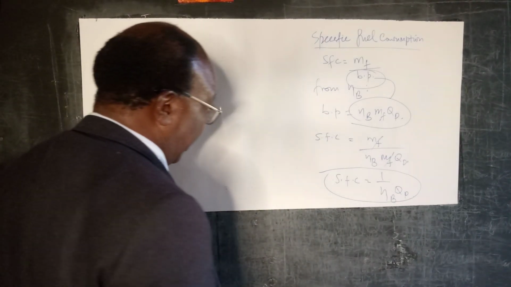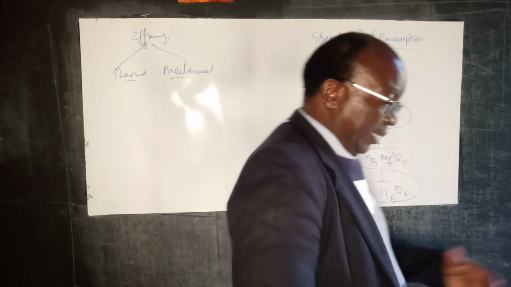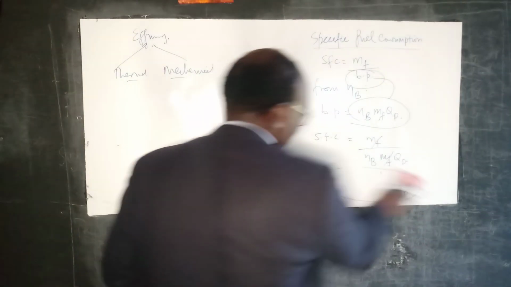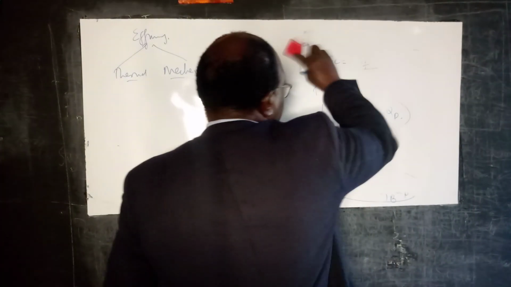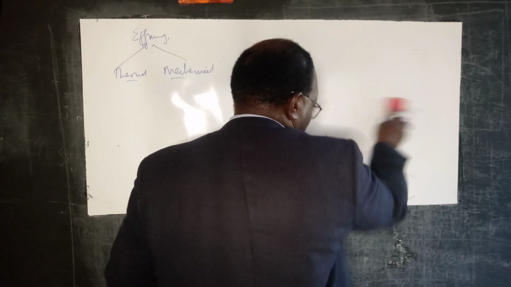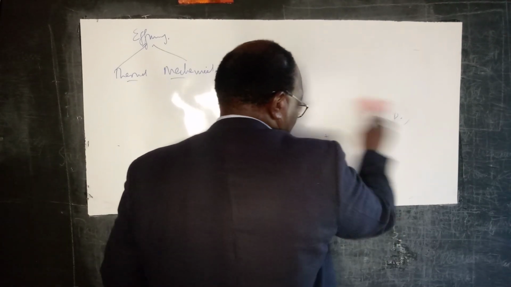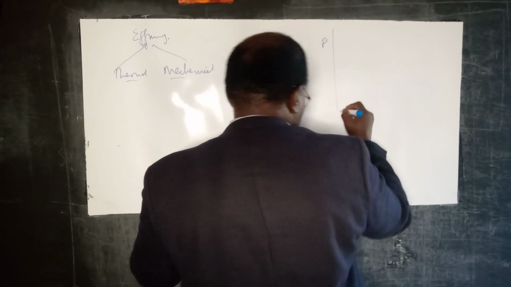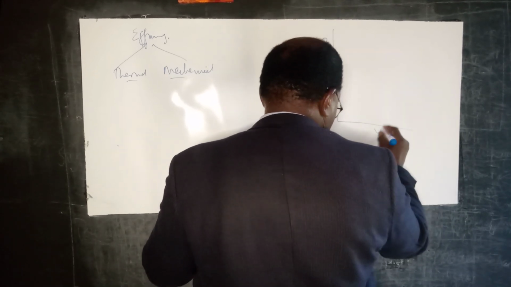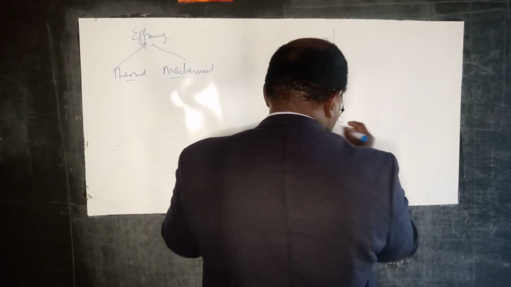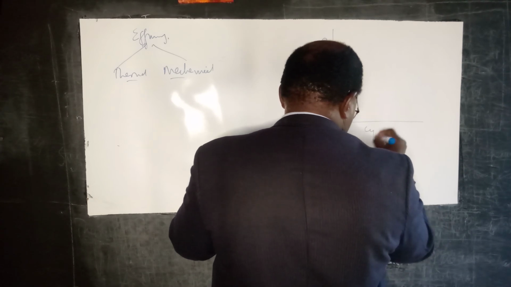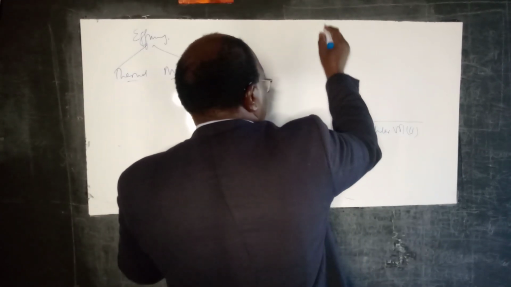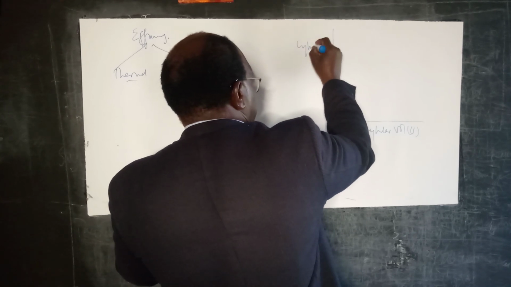So if you look at your pressure volume diagram, which you are now very familiar with, because that's an indicator diagram that tells us about work in the system, here we have cylinder volume and cylinder pressure.